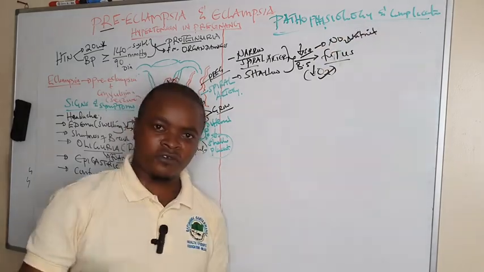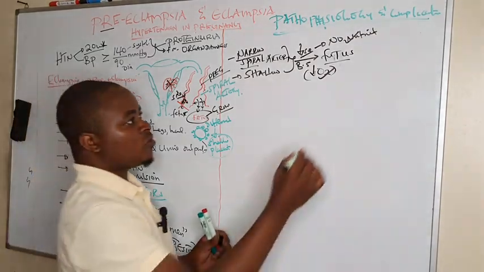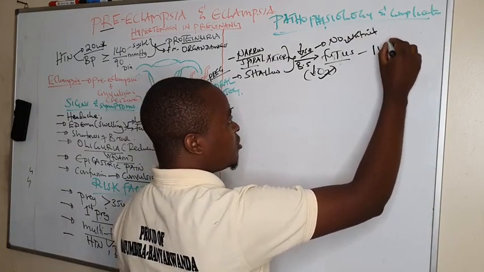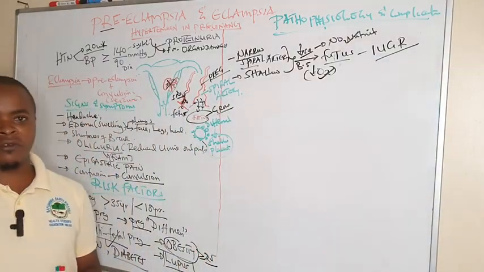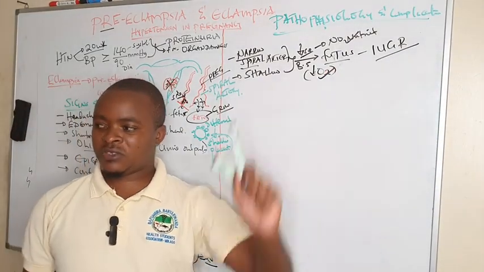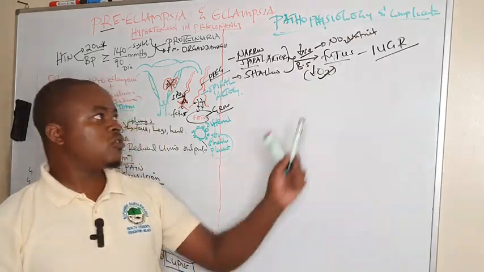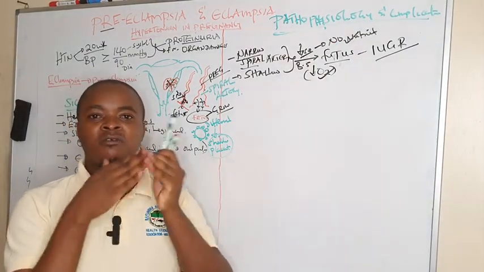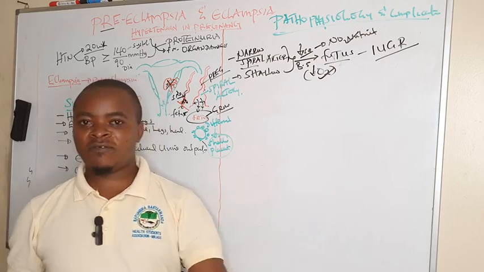Due to lack of nutrients and oxygen reaching the fetus, it is going to cause what we call intrauterine growth restriction. So the fetus is not going to grow very well. The fetus is restricted from growth due to lack of nutrients and oxygen because of the narrowing of the spiral artery that supplies blood from the mother to the fetus.